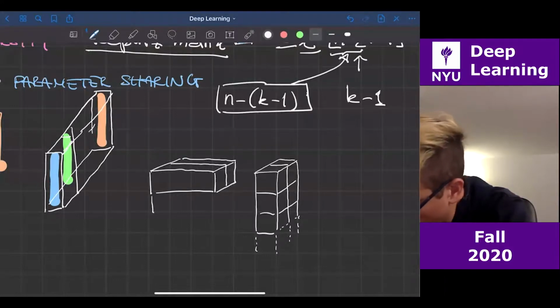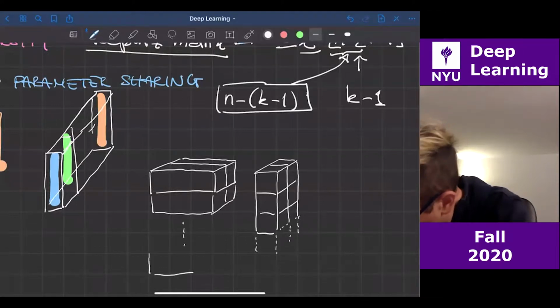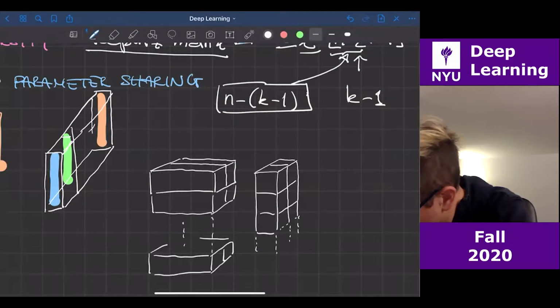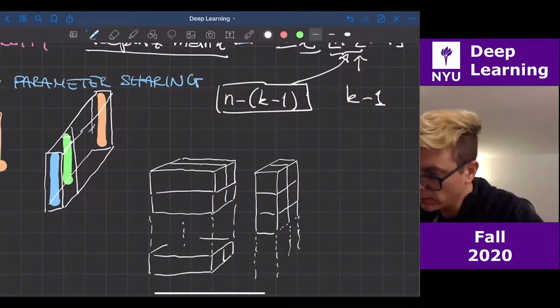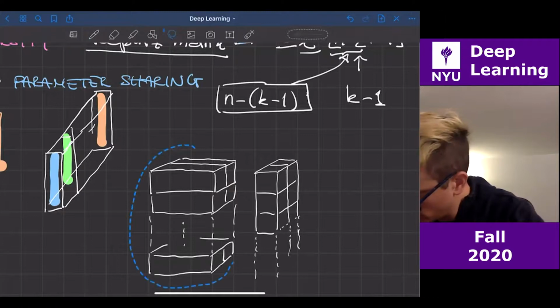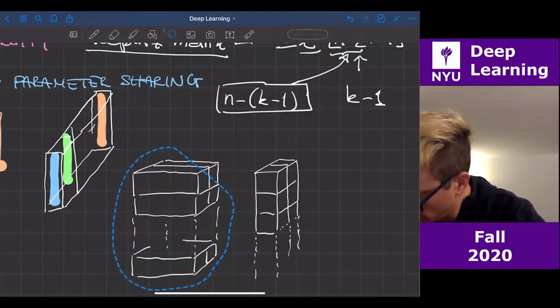Then we go to the second one, until I get to the last one. Okay, and this one keeps going down, down, down, right? And so how do you compute this scalar product?